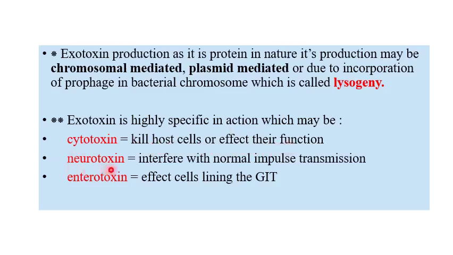Or it can be a neurotoxin. This will interfere with the normal impulse transmission. Or finally, it is an enterotoxin, and this affects cells lining the GIT. And usually الانتيروتوكسينز بتسبب مثلا الفود poisoning. These enterotoxins.